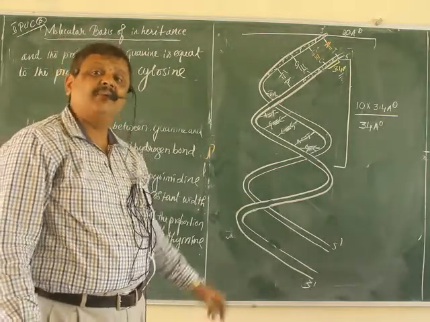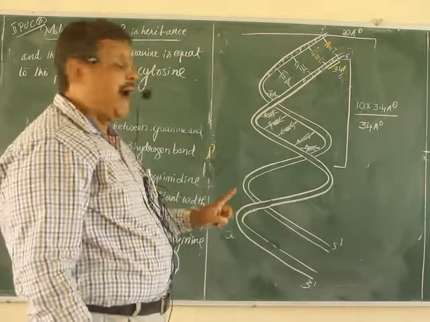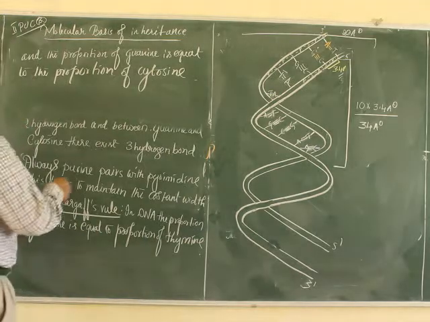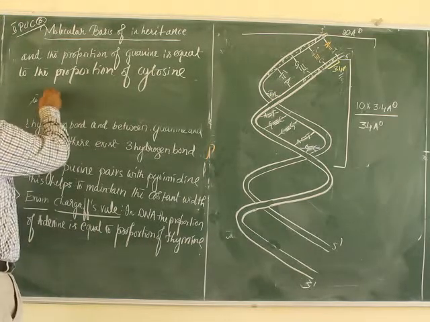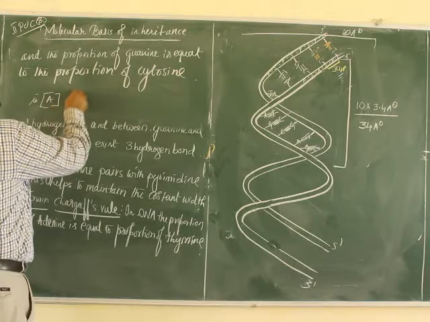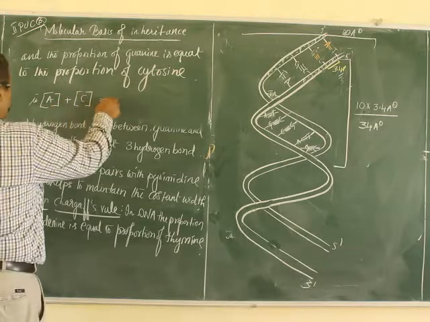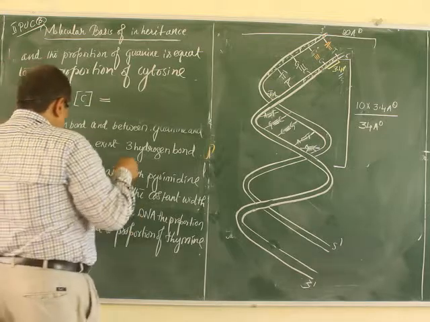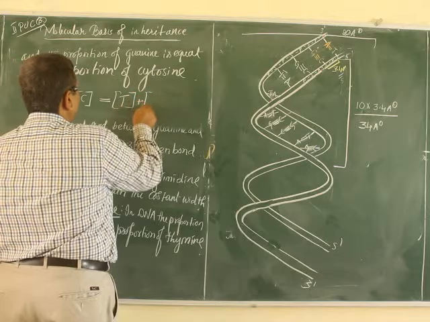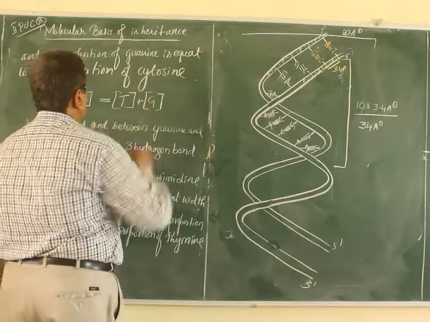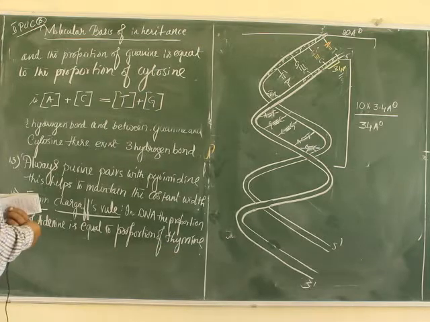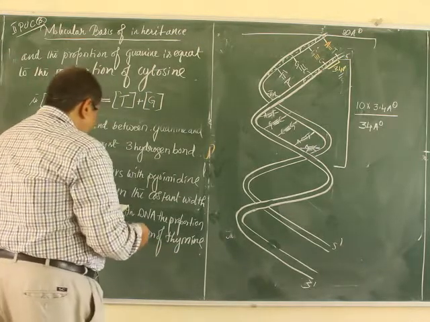So this is what Chargaff identified and told, hence it is called Erwin Chargaff's rule. Then it says that adenine plus cytosine number is always equal to thymine plus guanine number. Correct? So the total number of adenine and cytosine is equal to the total number of thymine and guanine.